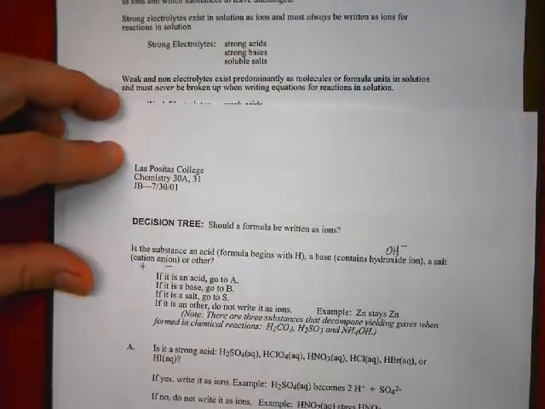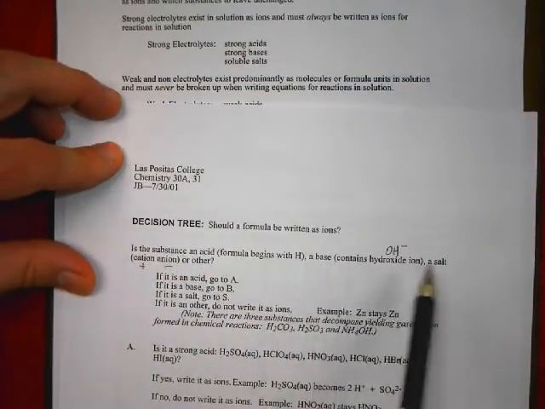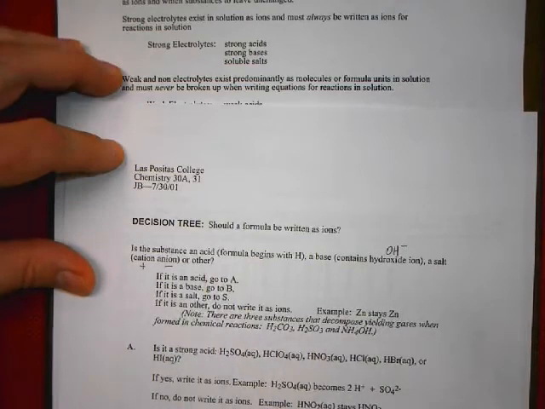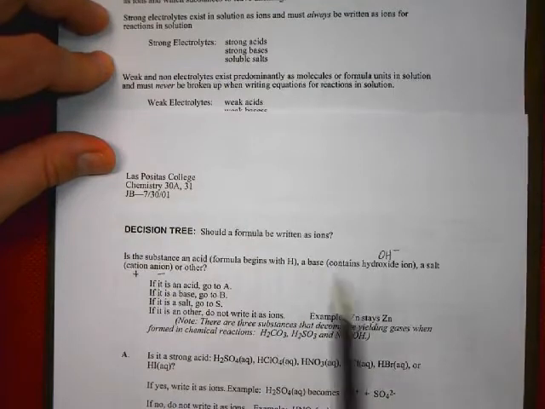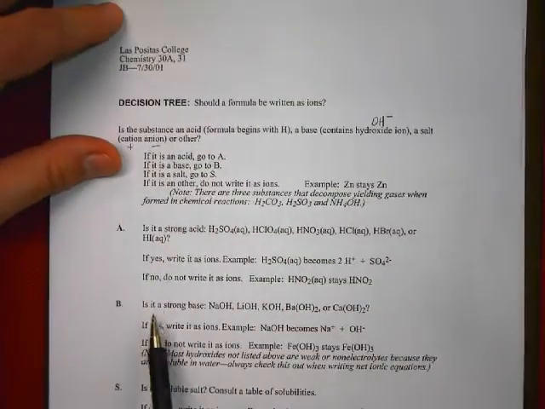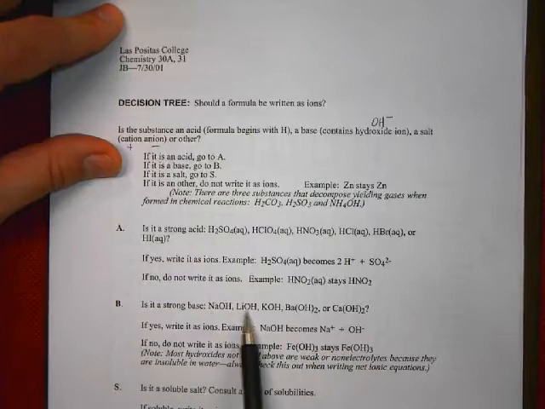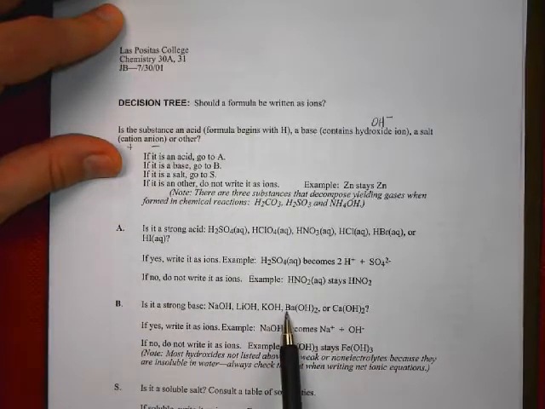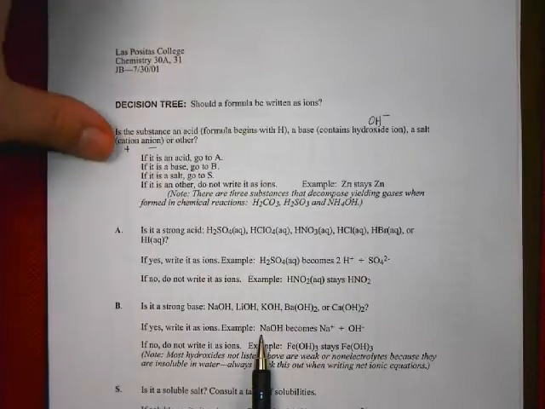We ask ourselves, is a substance an acid, a base, a salt, or other? Well, barium hydroxide has hydroxide in it, so it's a base. We go down here, is it a strong base? So we have sodium hydroxide, lithium hydroxide, potassium hydroxide, barium hydroxide, and calcium hydroxide. So yes, it is a strong base. So we have to break that up into ions.